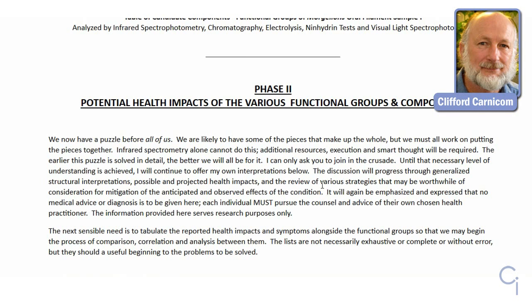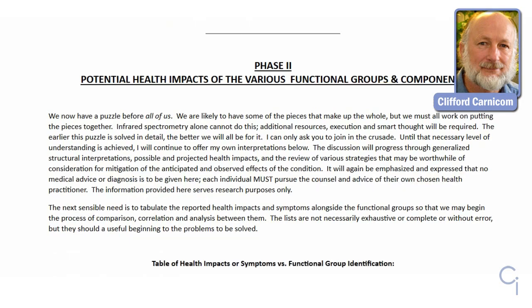The discussion will progress through generalized structural interpretations, possible and projected health impacts, and the review of various strategies that may be worthwhile of consideration for mitigation of the anticipated and observed effects of the condition. It will again be emphasized and expressed that no medical advice or diagnosis is to be given here. Each individual must pursue the counsel and advice of their own chosen health practitioner. The information provided here serves research purposes only. So this is where it's going.